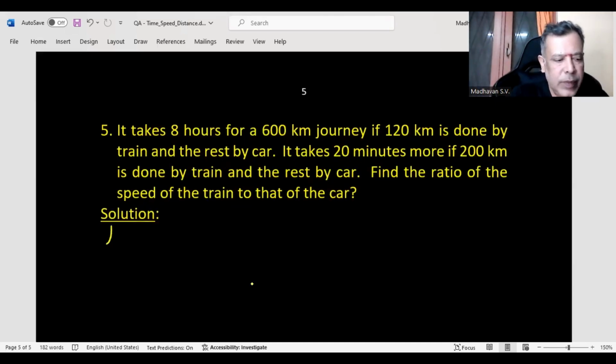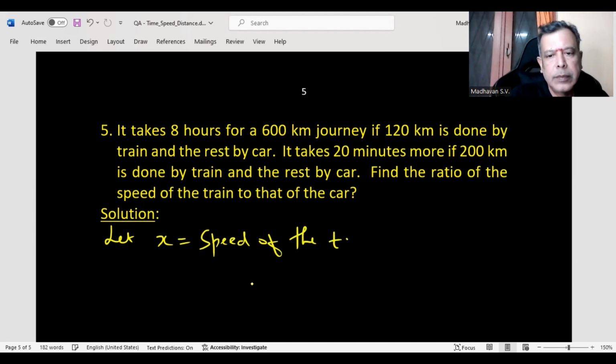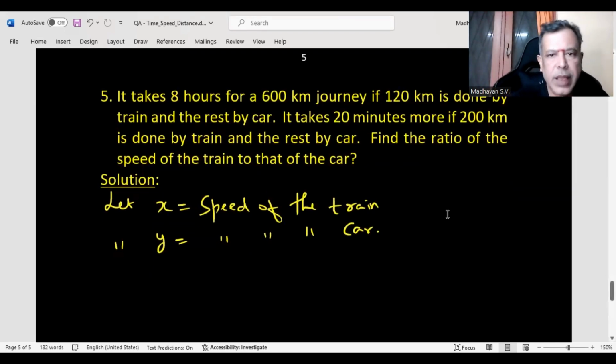So first of all, let x equal the speed of the train. Let y equal the speed of the car.